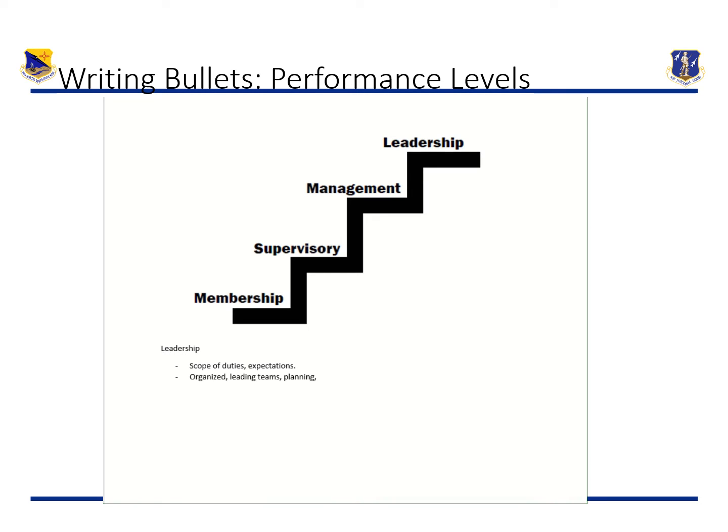When we talk about leadership level, from an airman perspective, we might see things like, no kidding, organized an event. You may be able to see things like mentored teams. Even though we're talking about an airman that works at the tactical level, his actions may impact at the leadership level.